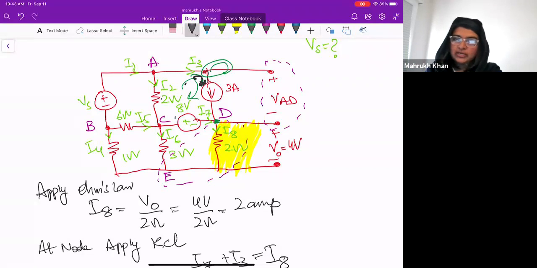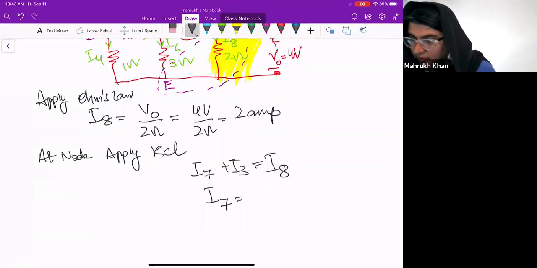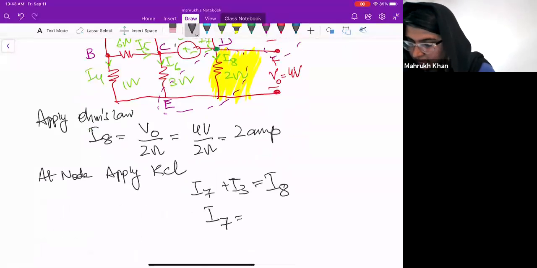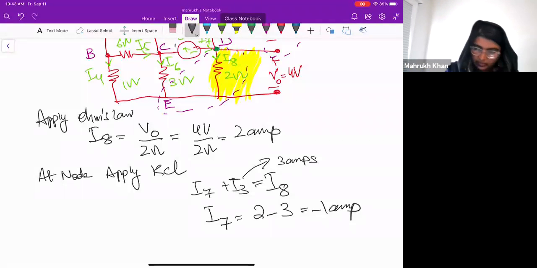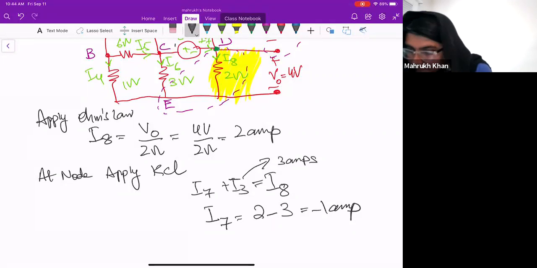So that's why we are taking 3 amps, that is I3. So I7 is I8 minus I3. So this is 2 minus 3 amps. This is minus 1 amps. Okay, we are good till here. We found out I7.